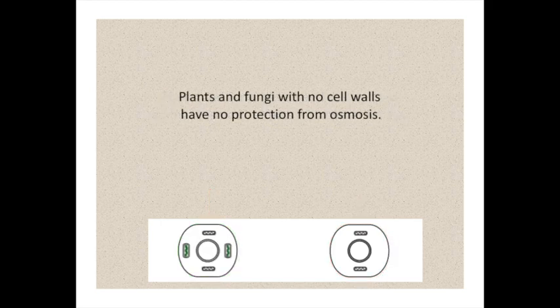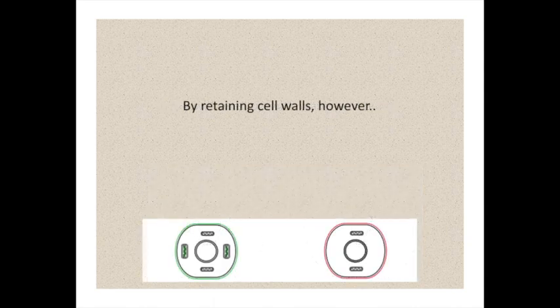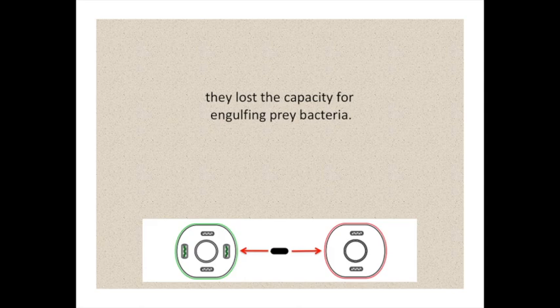Plants and fungi with no cell walls would have no protection from osmosis in their natural environment. They would swell up with water and burst. By retaining cell walls, however, they lost the capacity for engulfing prey bacteria.